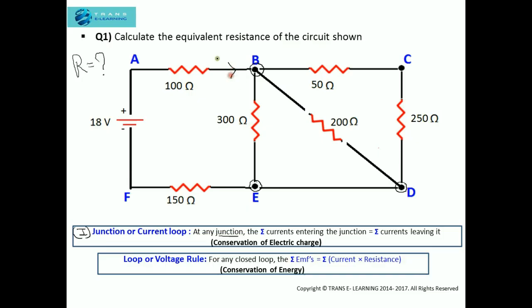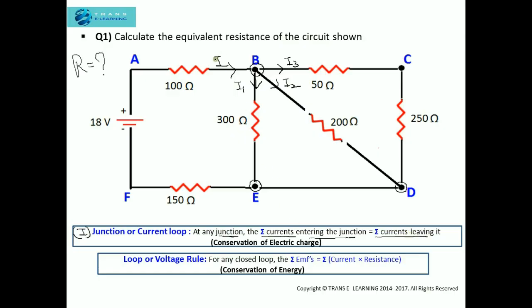You can see here that the current is entering this junction and it is getting divided into three smaller currents, which I am labeling as I1, I2, and I3. So this rule states that at any junction, the algebraic sum of currents entering the junction is equal to the algebraic sum of currents leaving it.